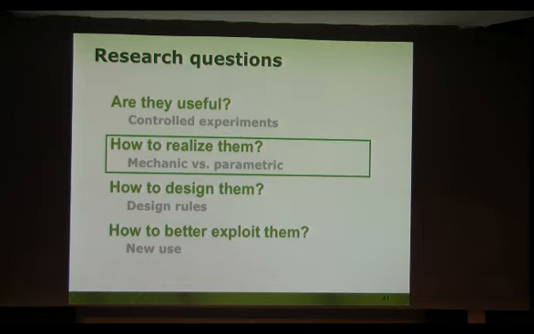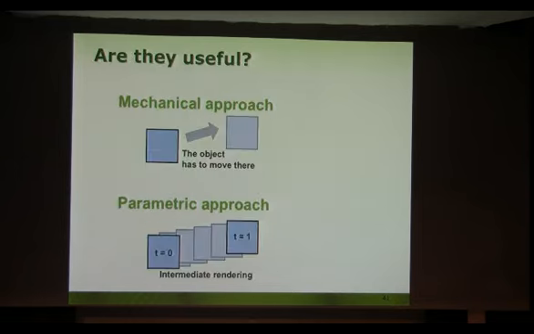So, how to realize them? Just some tricks if you want to implement that. There are two approaches in your model. Either you consider your object is a physical object that will be moving, so that you have a specific coordinate, for example, and you just change its coordinate across time.